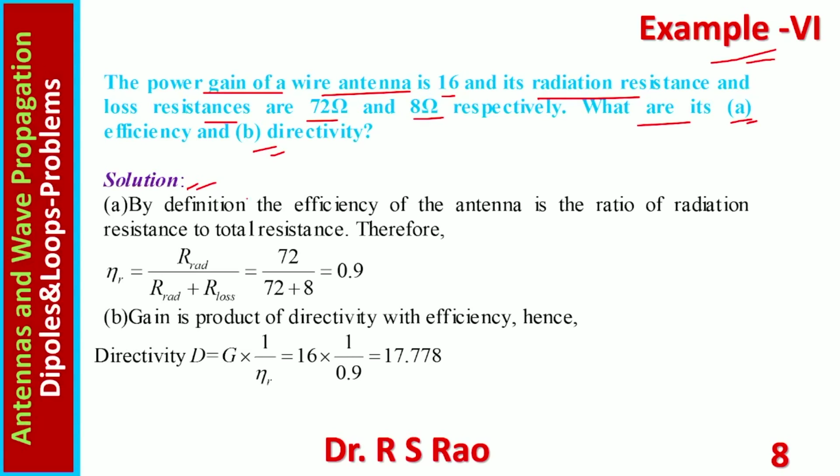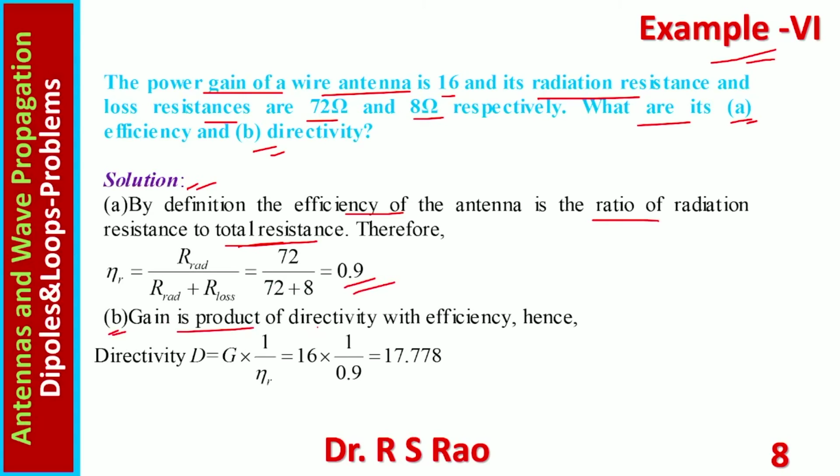By definition, efficiency of an antenna is the ratio of radiation resistance to total resistance. Total resistance means radiation resistance plus loss resistance. Therefore, efficiency is 72, which is radiation resistance, by 72 plus 8. 8 is loss resistance. It gives efficiency as 0.9.